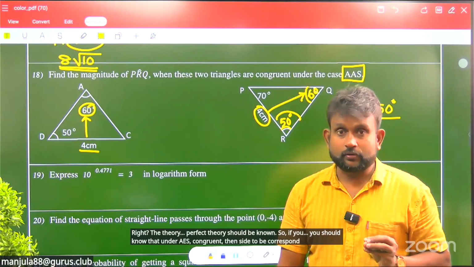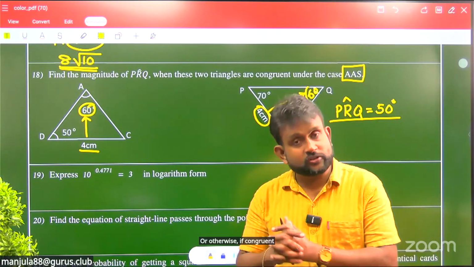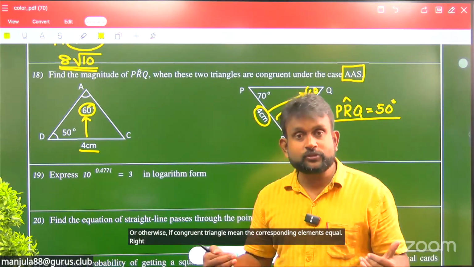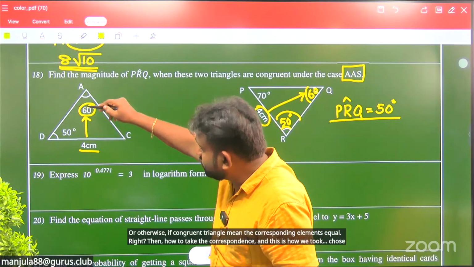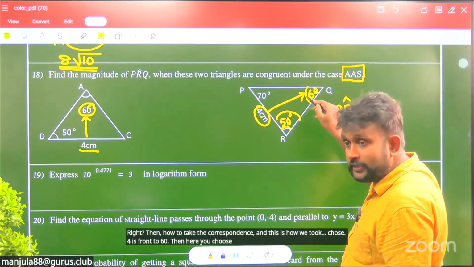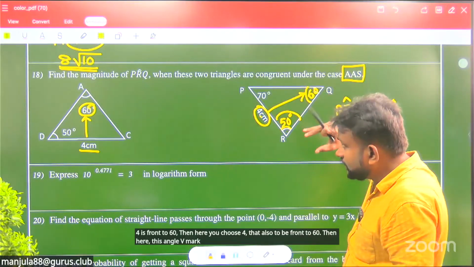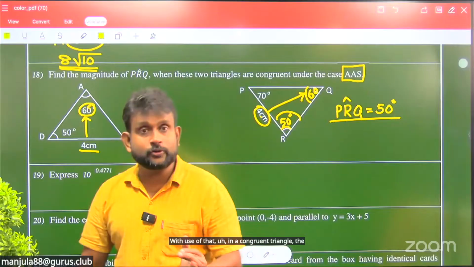If triangles are congruent, the corresponding elements are equal. Then how to take the correspondence? This is how you choose. 4 is in front of 60, so here you choose 4 that also has to be in front of 60. Then this angle we mark. With the use of that, in congruent triangles the corresponding elements are equal. That's the logic.